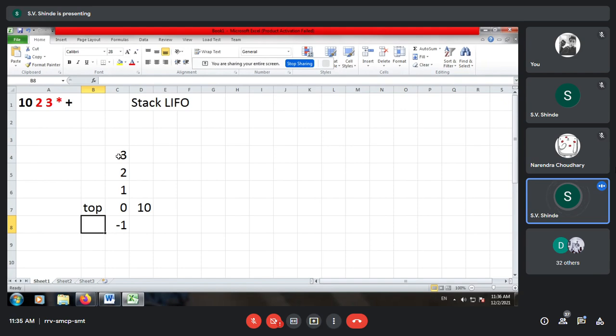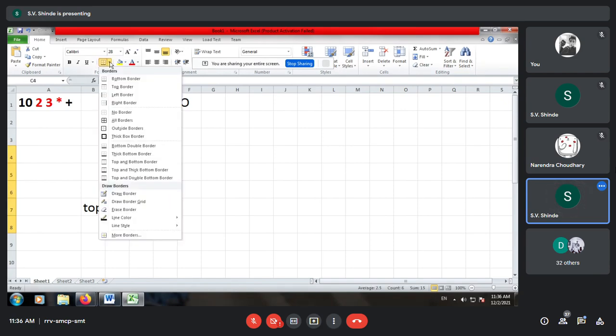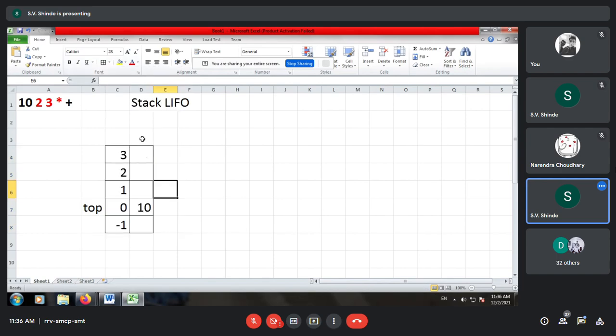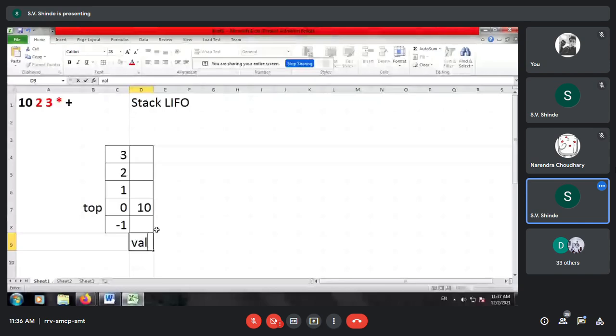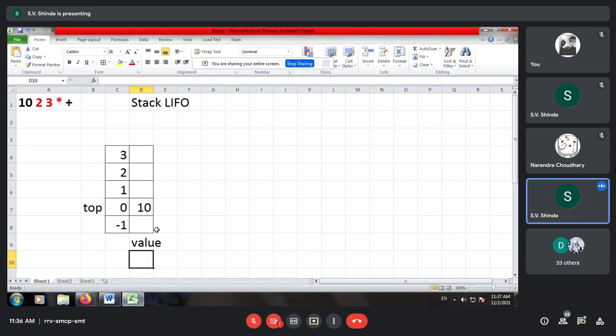So for better representation, we will make the blocks. Over here, we can say this is the value that is inserted, and the left side is the top position of the stack. Now 10 was put in the stack.